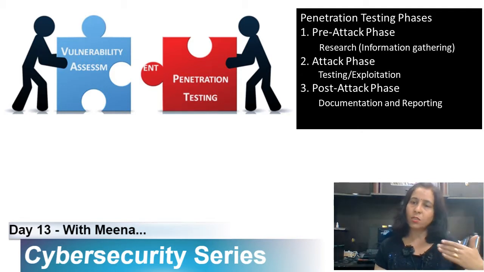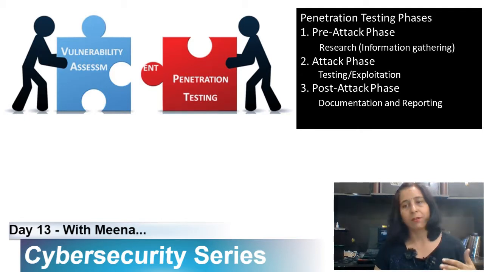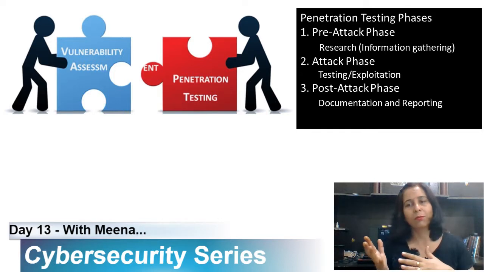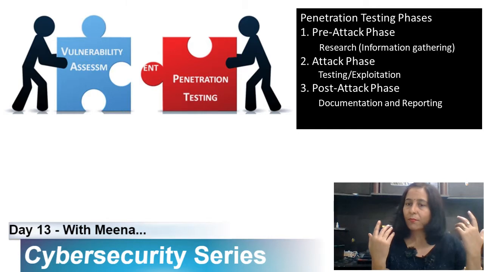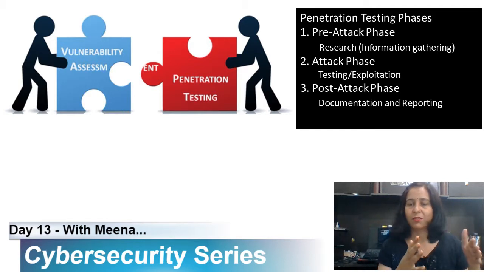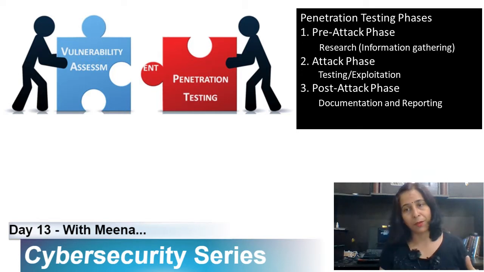If somebody wants to attack anyone, what do they need to do? They need to perform research first. They will collect enough information about their enemy or about their target.